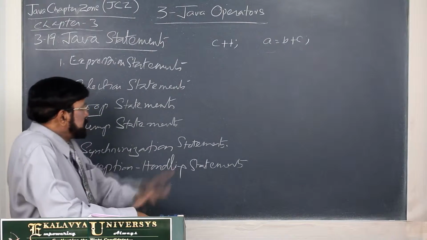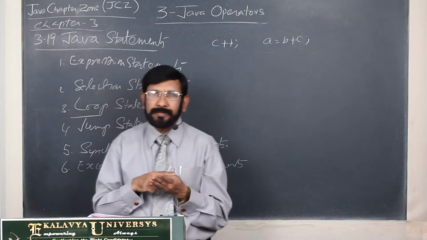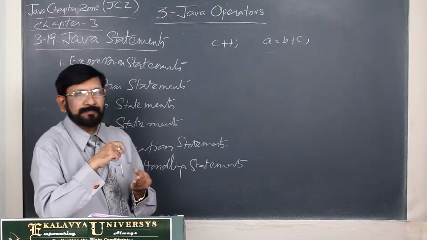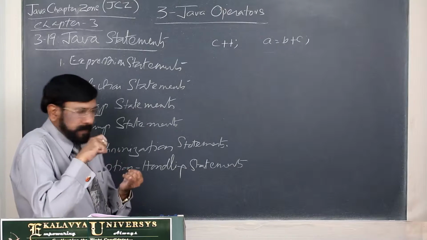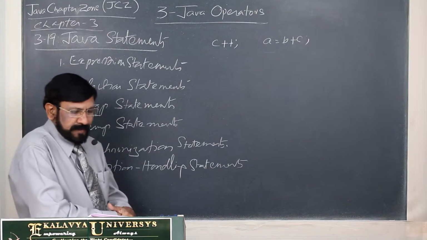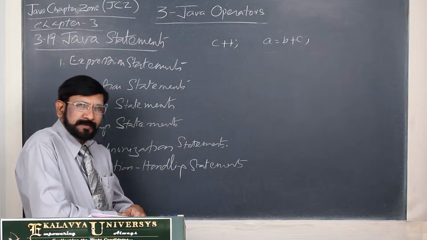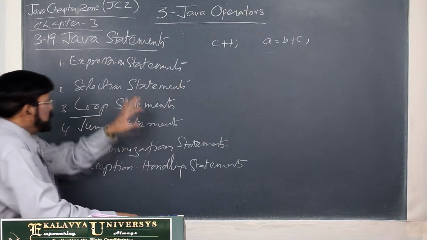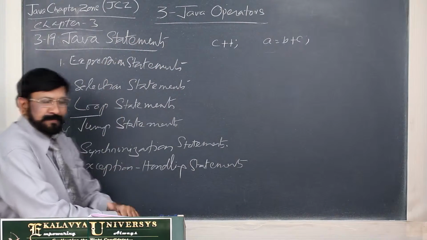Now these are the 6 categories of statements: expression statements, selection statements, loop statements, jump statements, synchronization statements, and exception handling statements. So far we discussed the expression statements only.